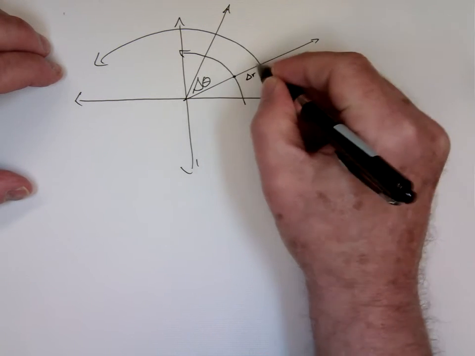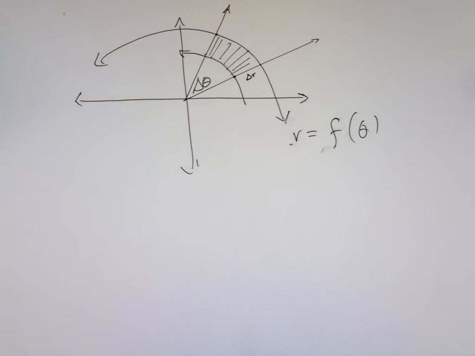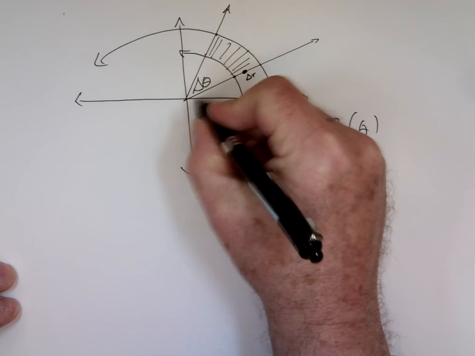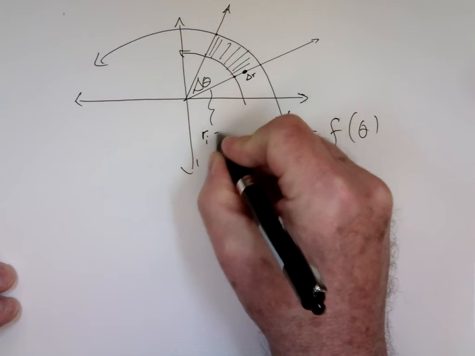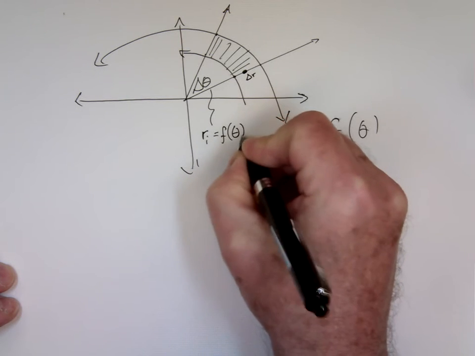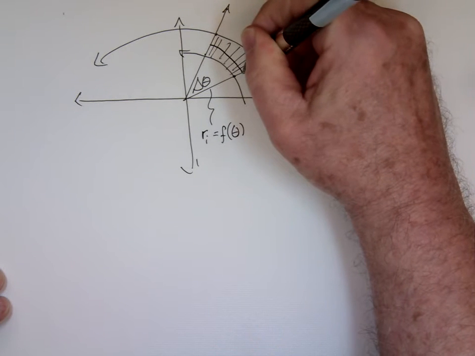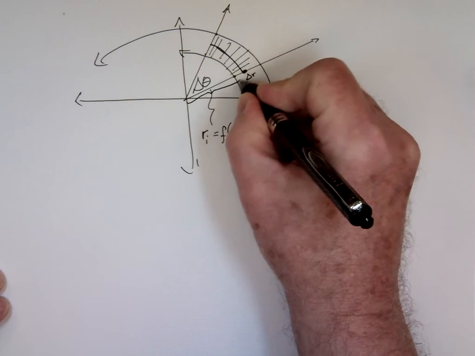What we need to do is get that area in terms of delta r's and delta thetas, just like we did with rectangular when we have delta x's and delta y's. So here's the deal. Let's take a midpoint here, and let's say that this distance is r sub i, which is some function of theta. I'm going to call this r sub i. That's my function.